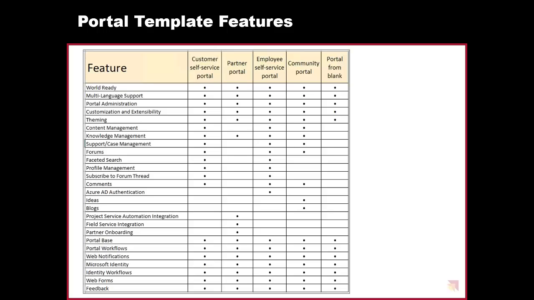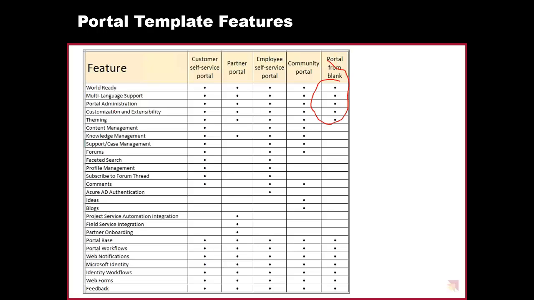Okay, now, I don't have these slides ready for you at this second, but I'm going to post these slides. So I just wanted to leave a reference for you. If you look at the different portal templates and see the difference in the features that they have, what you'll see is that the portal from blank is the one that gives the base functionality.